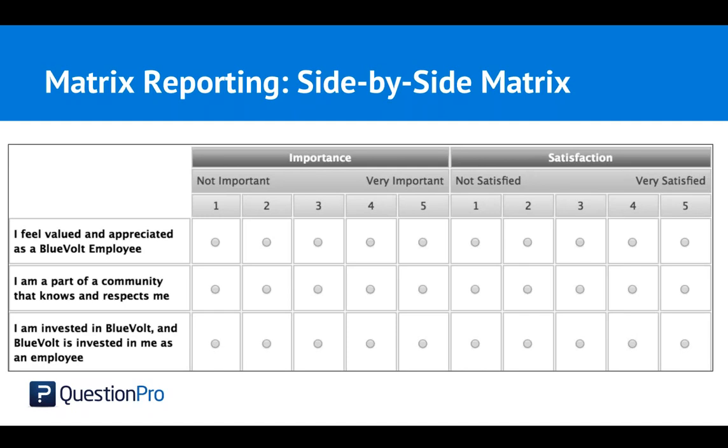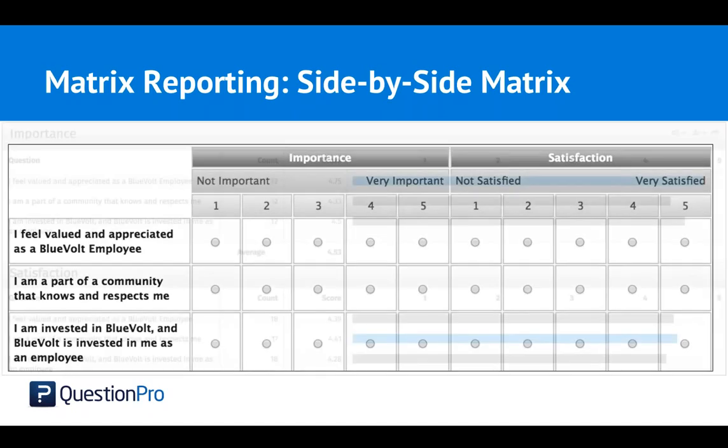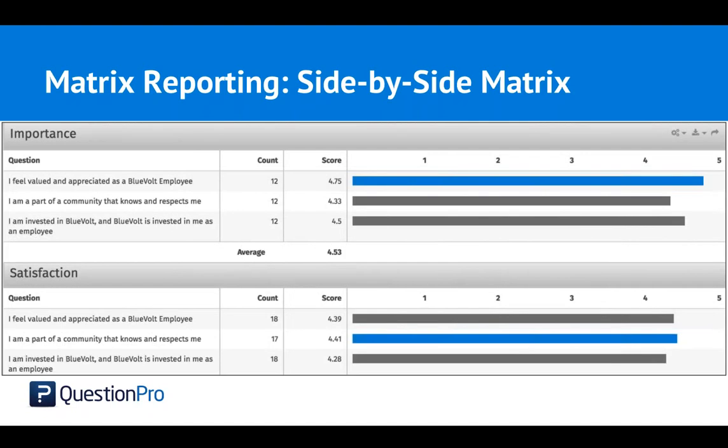So the next step should be just an example of comparing those two together, so you can see the differences between the importance score versus the satisfaction score. For example, I feel valued is important, yet even though the score is not too different, there are areas for improvement.